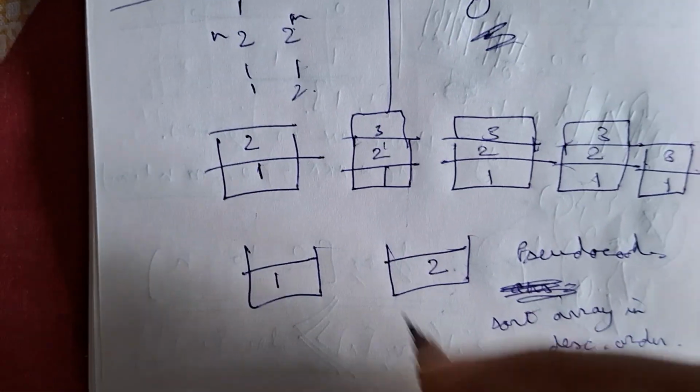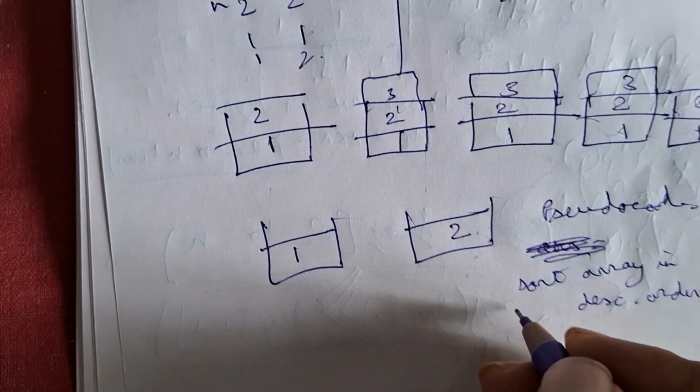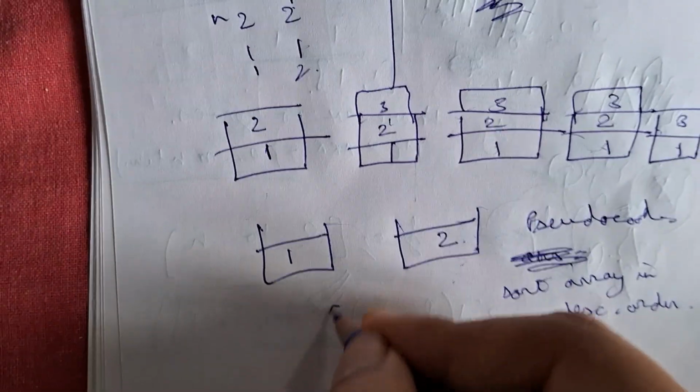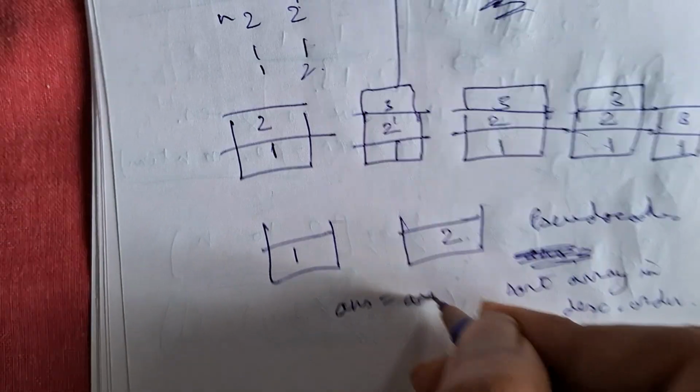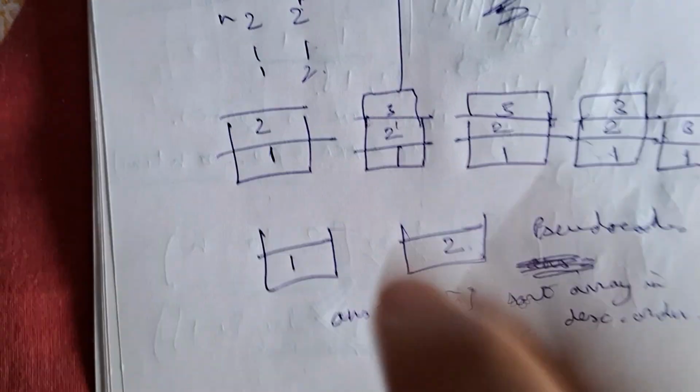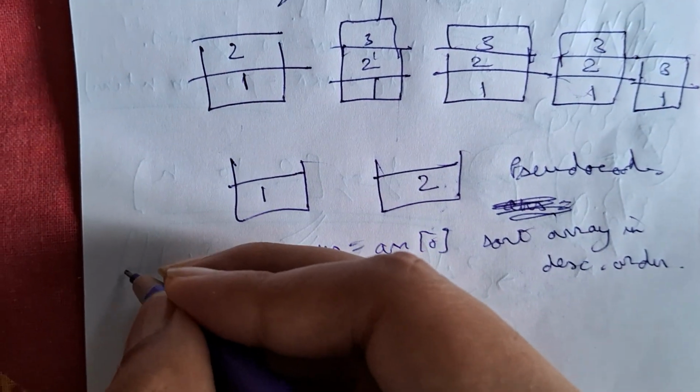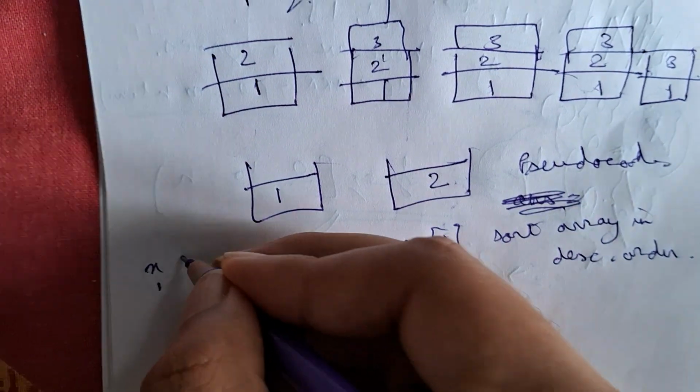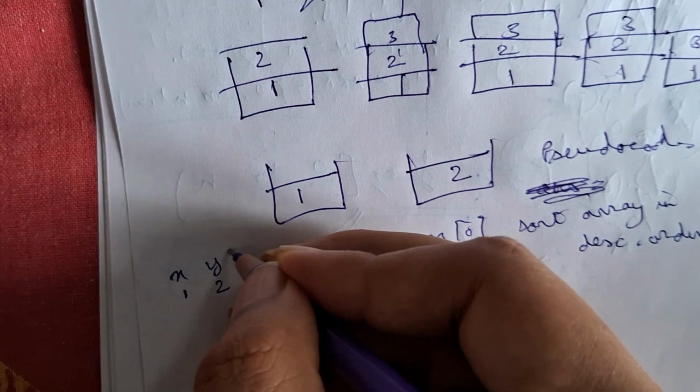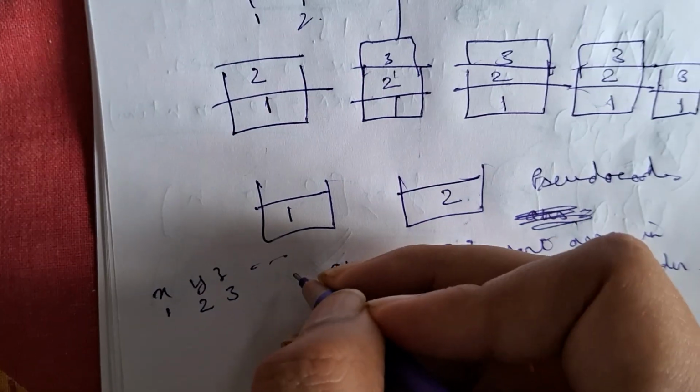And once we are done with it, we can say that the answer is going to be the first element of the array, because let's say there are x balls at position 1, y at position 2, z at position 3, and so on, till m.